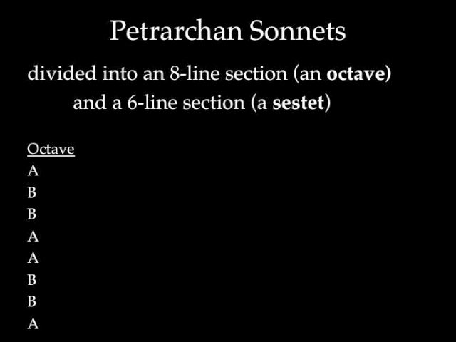If we look at the whole poem, then, one of Petrarch's sonnets, the most common structure would be A, B, B, A, A, B, B, A, C, D, E, C, D, E. In other words, in the sestet, lines 9 and 12 would rhyme together, lines 10 and 13, lines 11 and 14, etc. Now, the reason I haven't yet shown you one of Petrarch's sonnets, which is probably a little surprising to you, is that they're all in Italian.